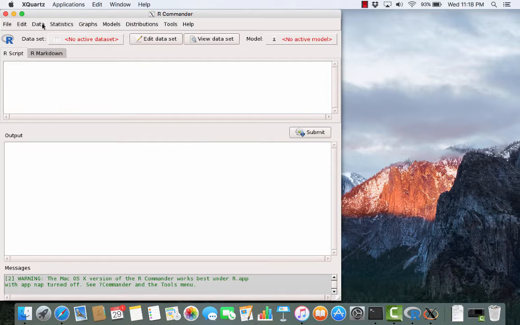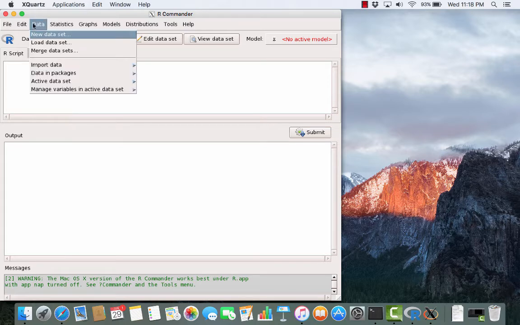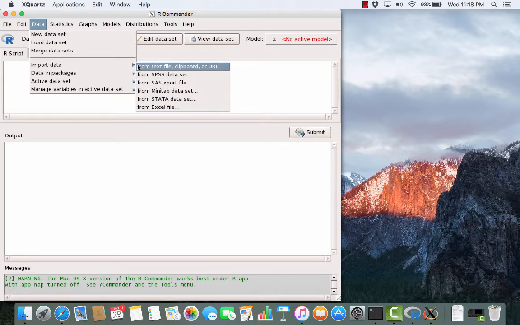So let's go to data. Import data. The Mac is going to be nice and uncooperative today. All my computers have been uncooperative today.